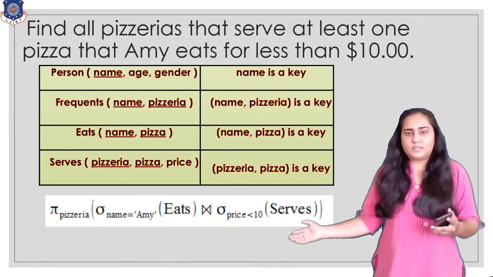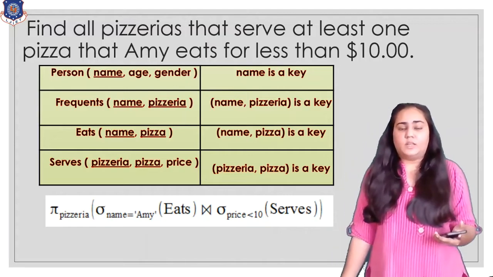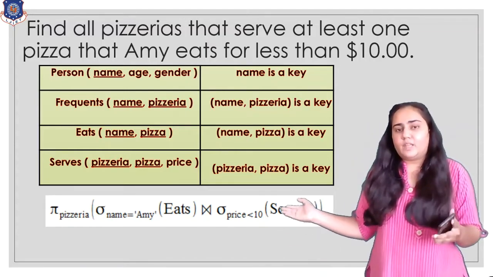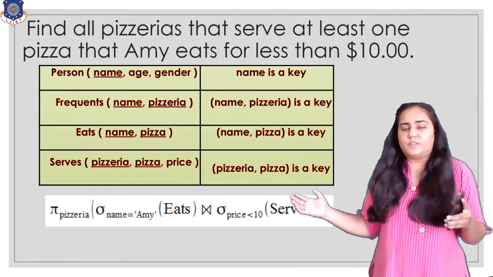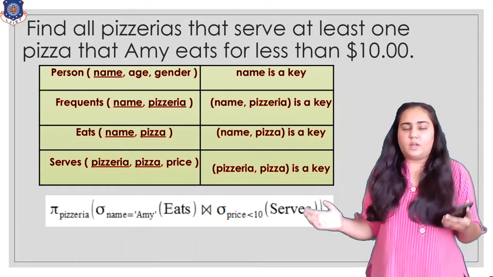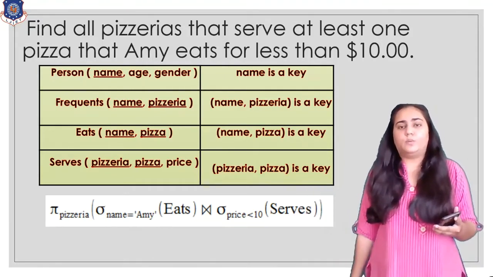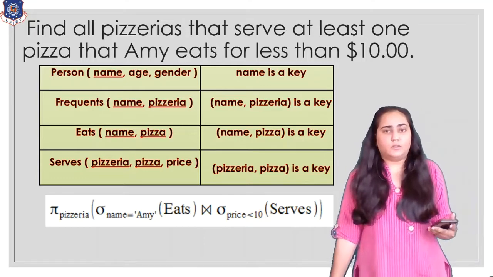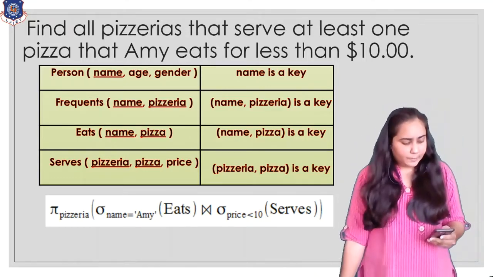And from the eats table, I'm keeping only those rows where the name of the person is Amy. And then I'm taking a natural join between those two. And whatever is the result from there, I will only pick the pizzeria column, which is what I want as a result. So this is how you can solve this type of query.